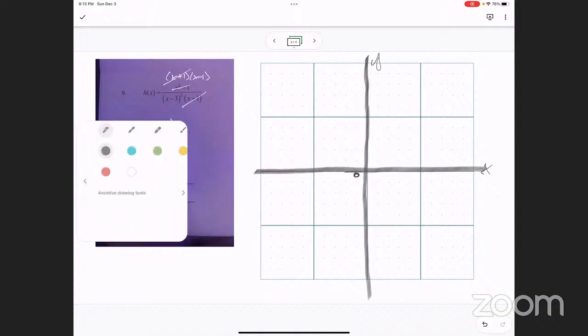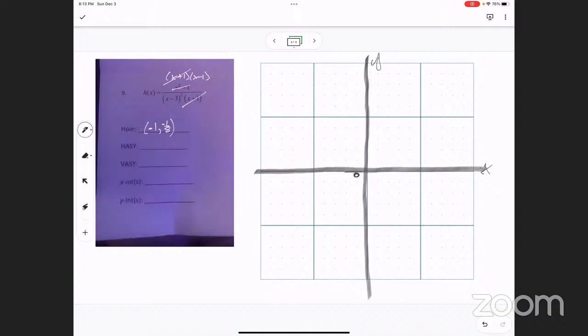Okay. Next step is a horizontal asymptote. You find that by looking at the degrees of the numerator and the denominator. You can see that the degree of the denominator is bigger than the degree of the numerator. That means that the horizontal asymptote is your x-axis, which is y equals 0. So your horizontal asymptote is right here. How do you figure that out? The degree of the numerator and the denominator.